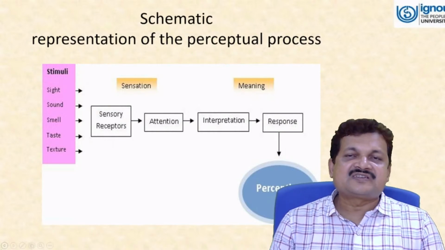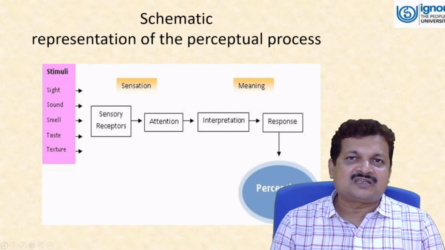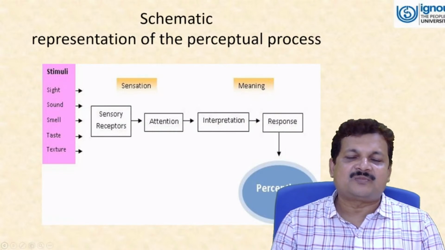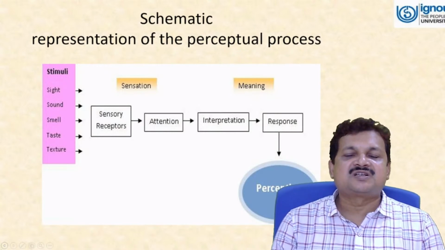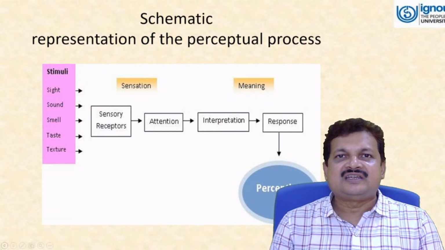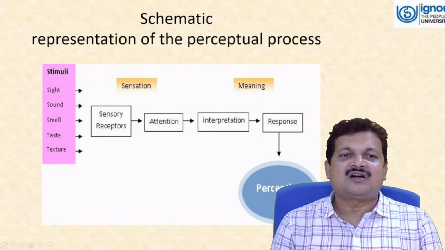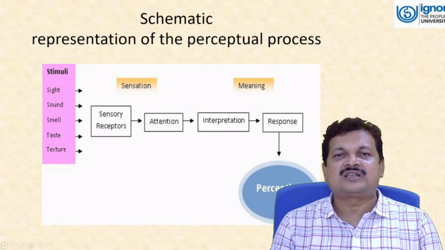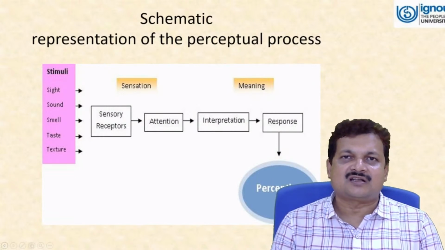Sensory receptors, as I discussed from the beginning, are affected by too many things, because stimuli come from different sources. Which stimuli are accepted and which get low attention depends on the particular human being giving the attention.